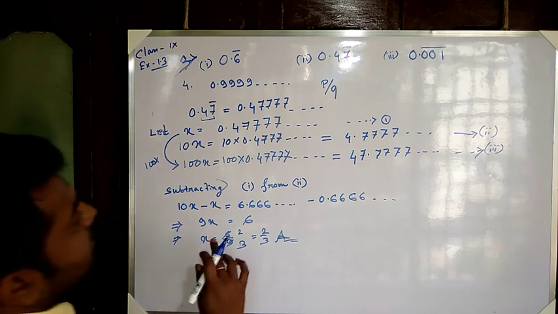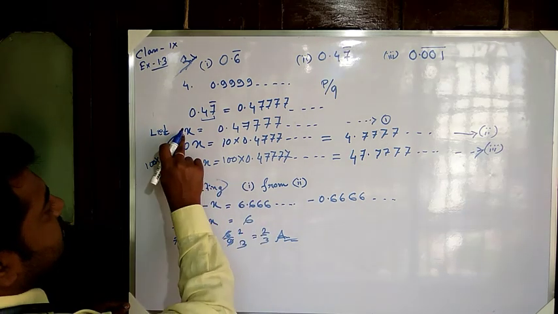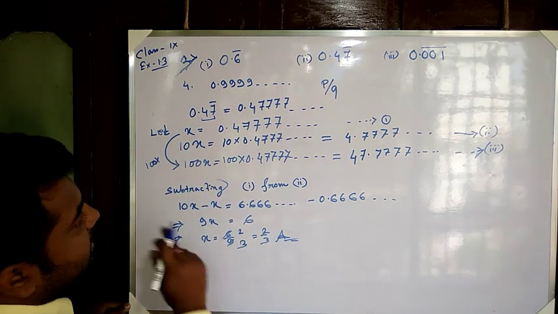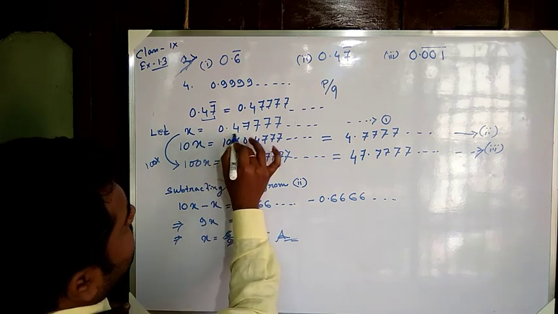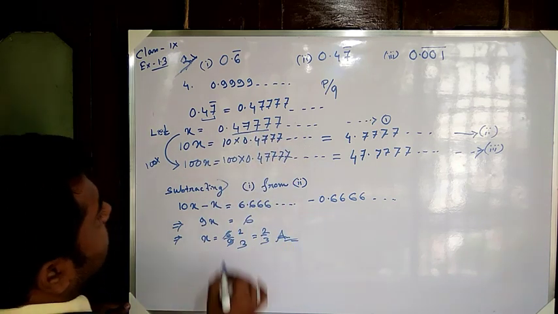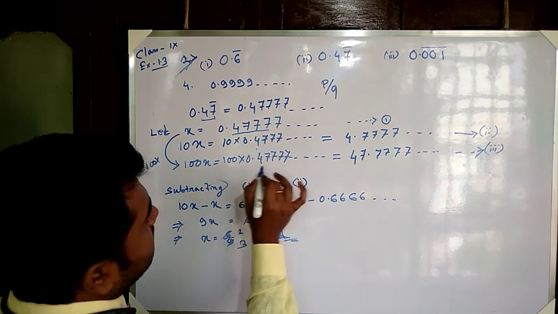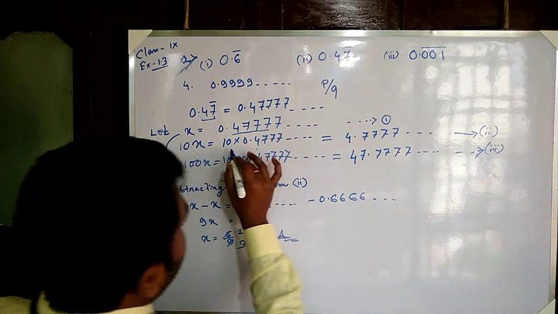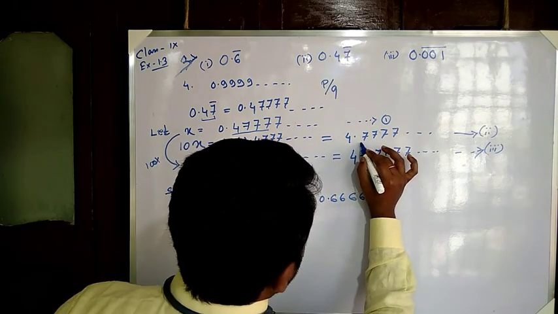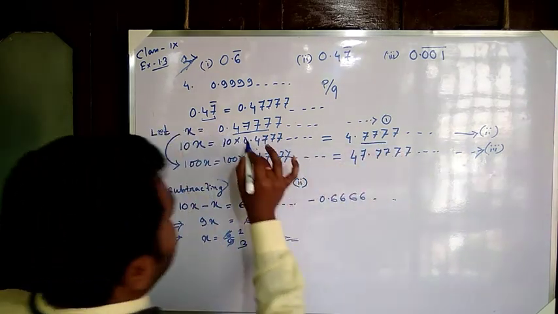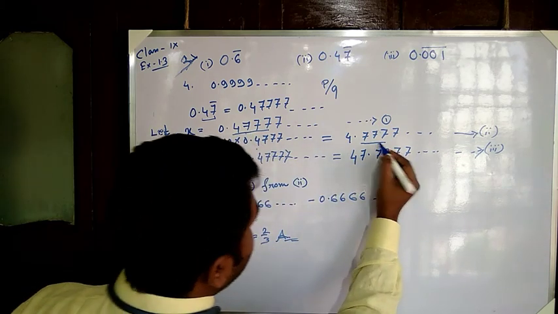Because if you consider x and 10x like the previous sum, after x is 0.477 and for 10x it is 0.477 multiplied by 10, giving 4.777. So the parts after the point are not matching.